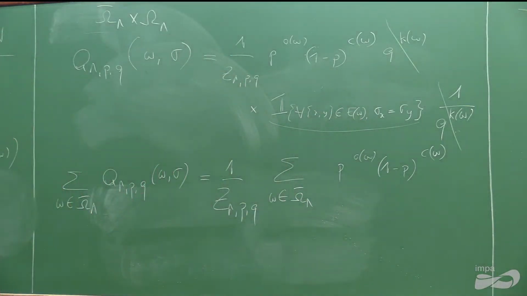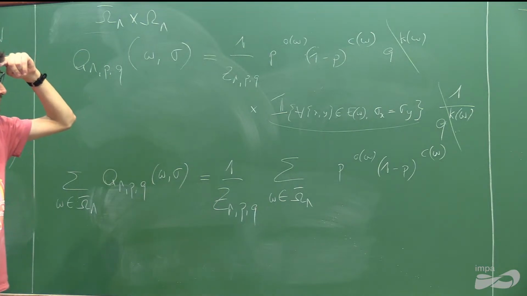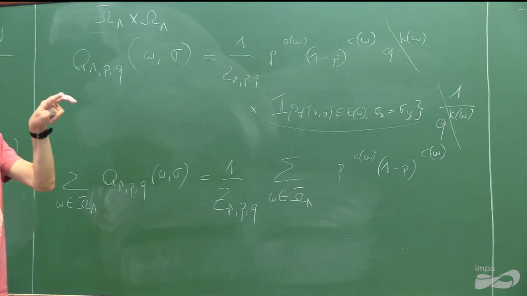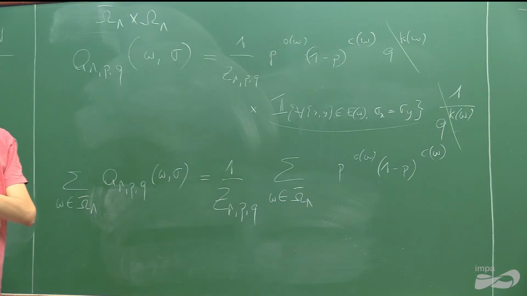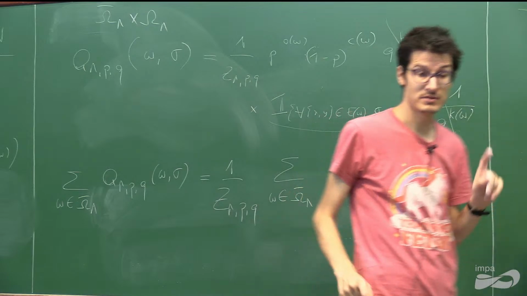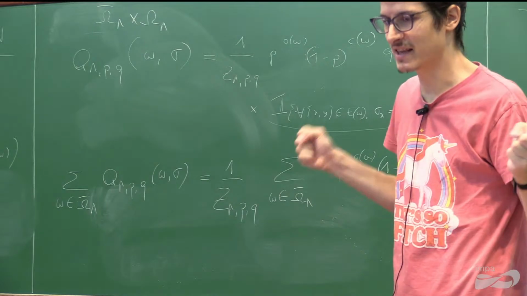Maybe I should rewrite it as a condition on omega given the spin. And this is exactly the same as saying that if two spins on an edge are different, then the edge must be closed. Saying that every open edge is monochromatic is the same as saying that every bichromatic edge is closed.